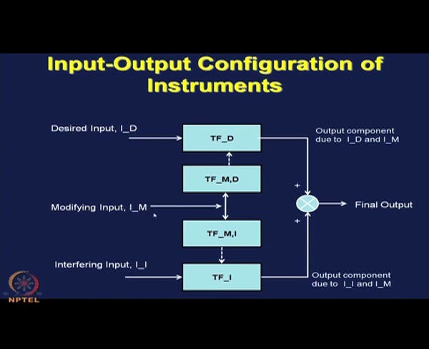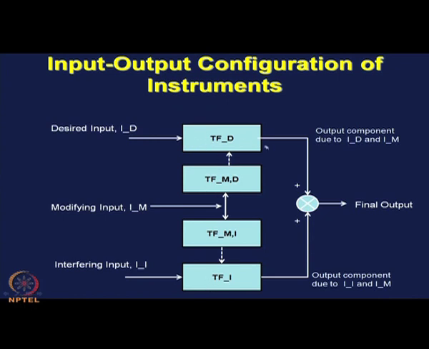But modifying input will tend to change the relationship that exists between desired input and the output, as well as interfering input and output. So, we have a transfer function corresponding to modifying input, corresponding to modifying input versus desired input interactions, and the modifying input interfering input interactions.